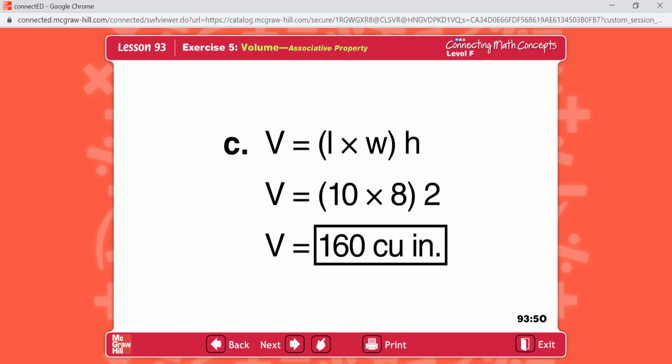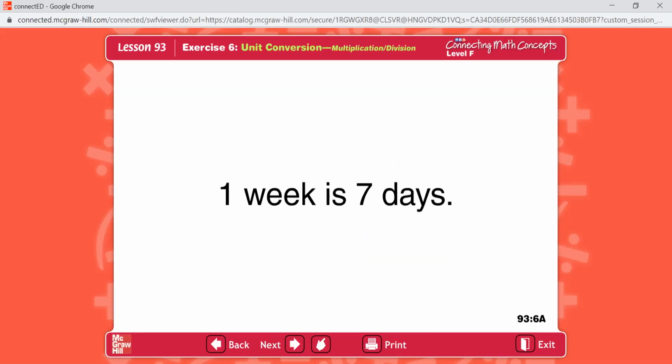Now, let's switch gears to unit conversion. Read this fact. This fact says 1 week is 7 days. Are there more weeks or days?